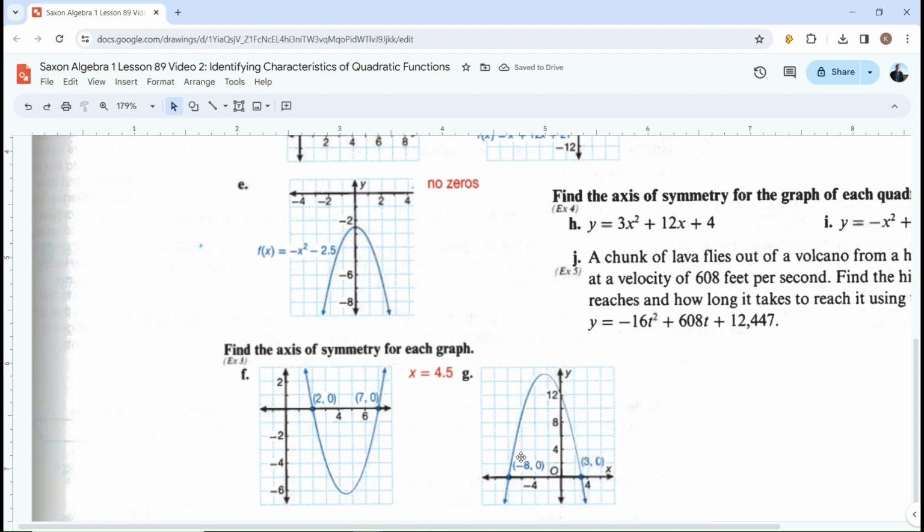This one has an axis of symmetry. It's going to be halfway between these points. Okay, -8 and 3. To find halfway, all you do is, let's see, -8 up to 3 is 11, right? If I counted it up, there's a distance of 11 between these two.